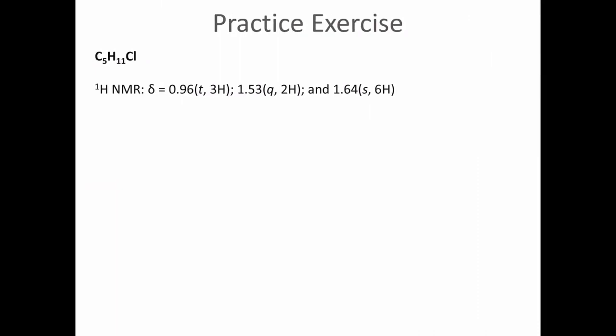Predict the structure of C5H11Cl given the proton NMR with chemical shifts 0.96 with 3 protons, 1.53 with 2 protons. So we have 2 protons, 3 and 6. Anytime we have 6 protons, we could think of an isopropyl group.